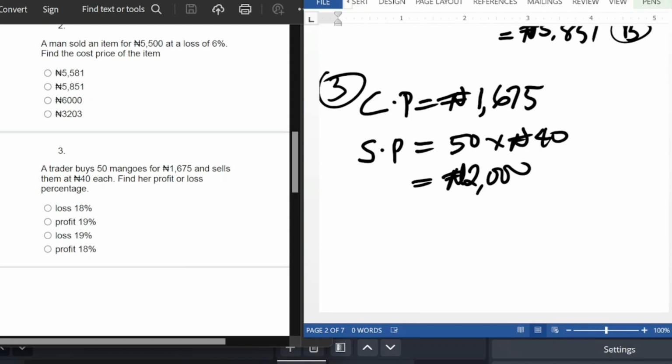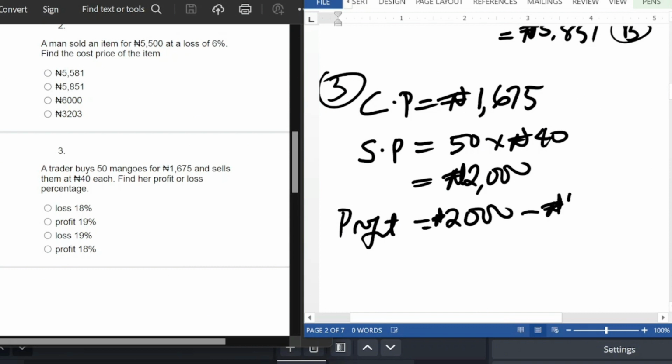So in that case, there is profit. Let's calculate the profit. The profit will be 2,000 naira minus 1,675 naira, which will give us 325.